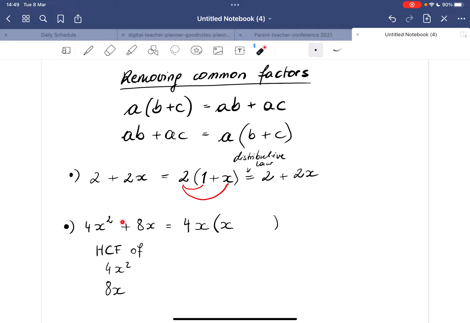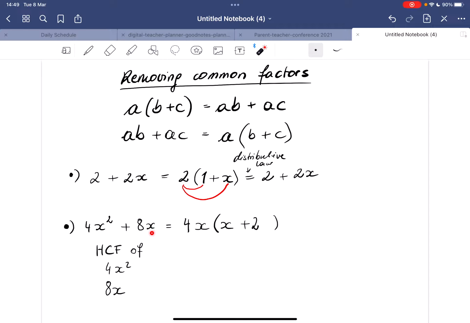Then I've got this plus here, so I need to add. And now I'm looking at this second term. 4x multiplied by what gives me 8x? So 4 times 2 gives me 8.